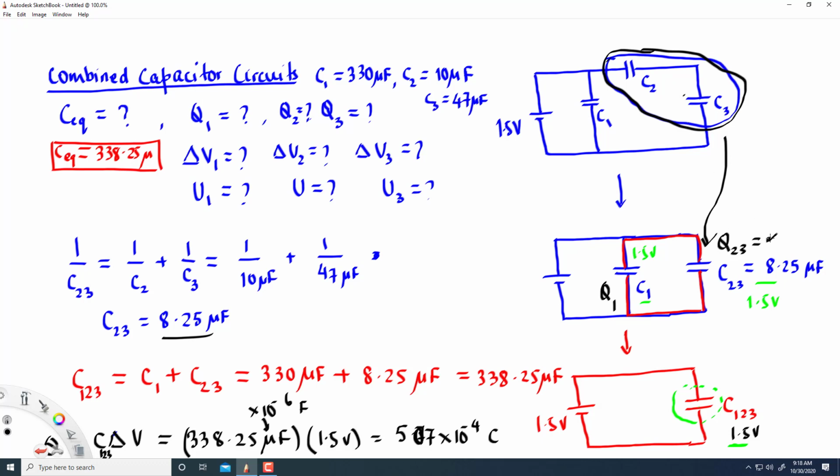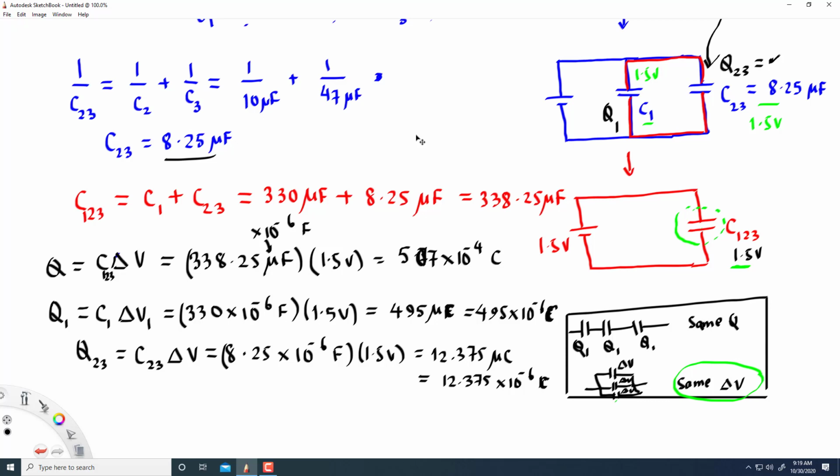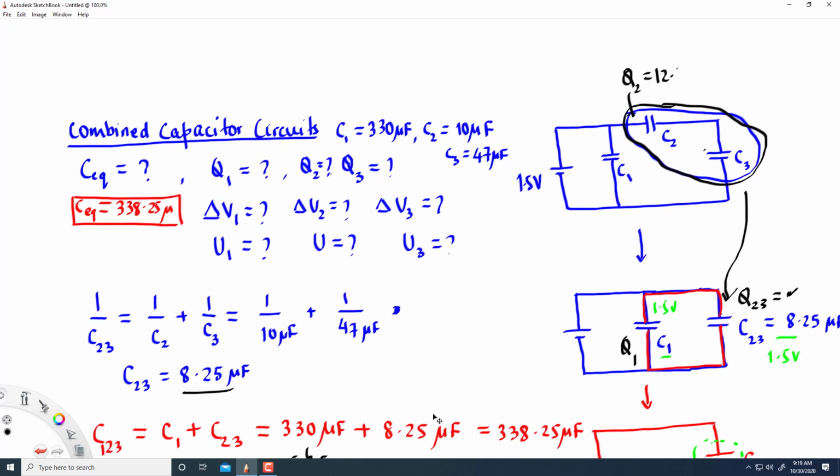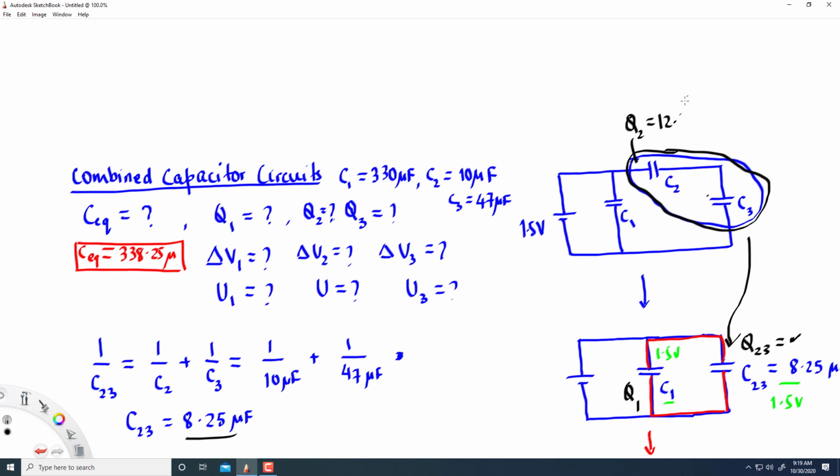So the charge you have here, Q23, is 12.375 microcoulomb, so this one has 12.375 microcoulomb, and this one also has 12.375 microcoulomb. They have the same charge.